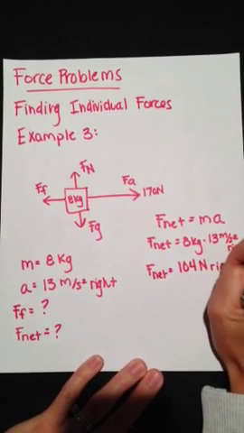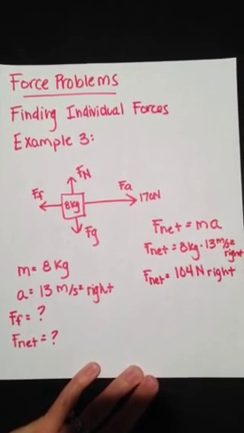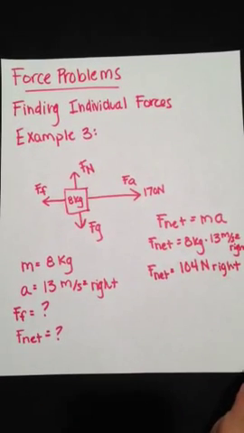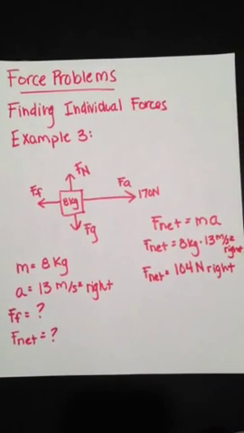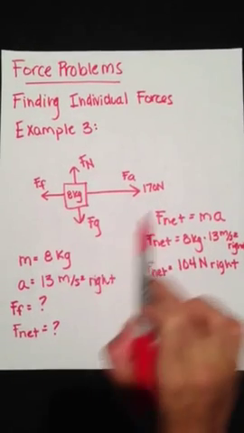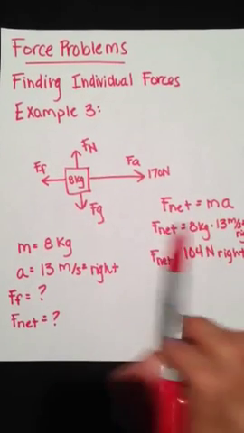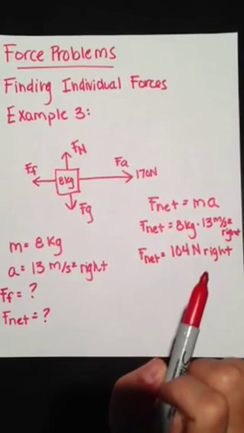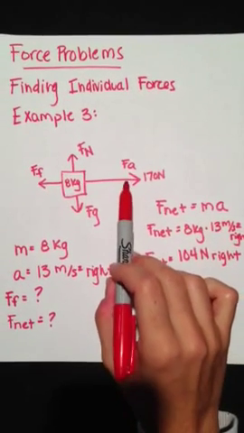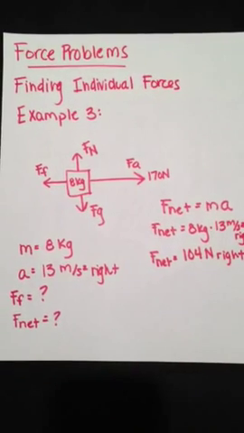And that also is to the right. So I now know my net force is 104 newtons to my right. Now, that means my entire system has a net force of 104 newtons. So that gives me information that I should be able to find my force of friction.